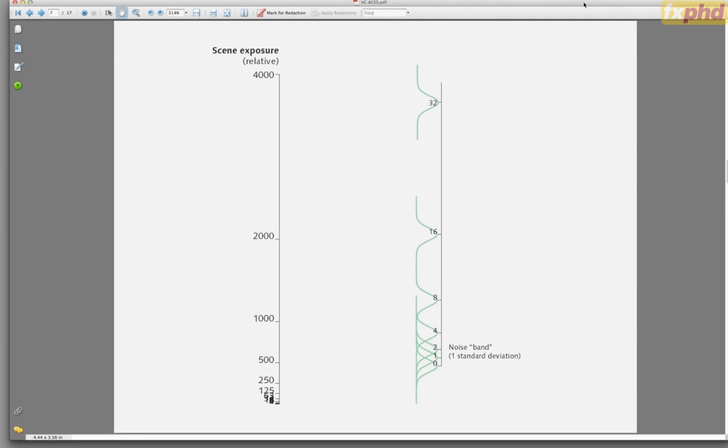Now, picture that scale I just showed you from 1 to 1,000. But now, for reasons that will become clear in a moment, I want you to put the top end at 4,000, because that's the typical integer number that comes off the A to D converter of a contemporary digital cinema camera. And these are not the absolute best cameras.